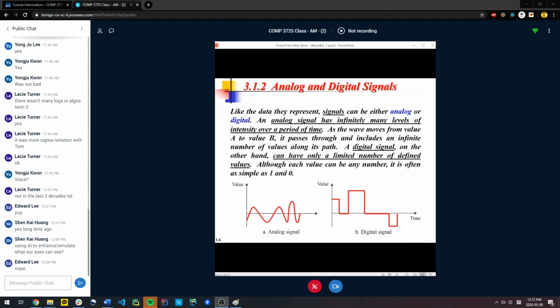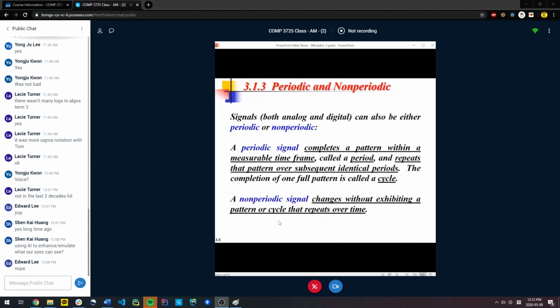So if we have these types of signals, analog and digital, here we care about, because we're in the physical layer, I don't care about the data. The data is the information. I care about how to represent a signal to transmit that data. I'm now going to say that a signal can be both periodic and non-periodic. So what is a periodic signal?